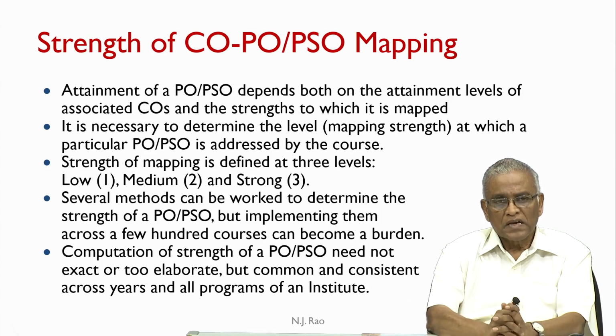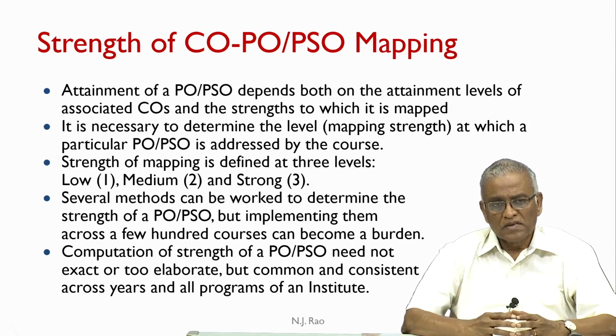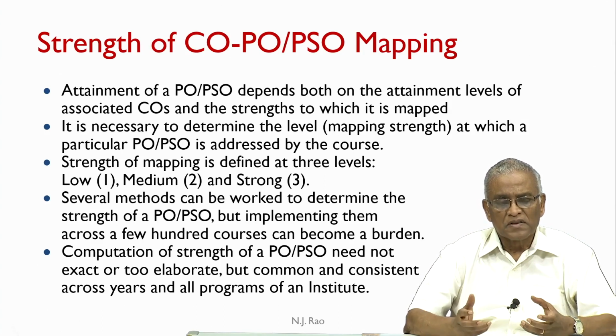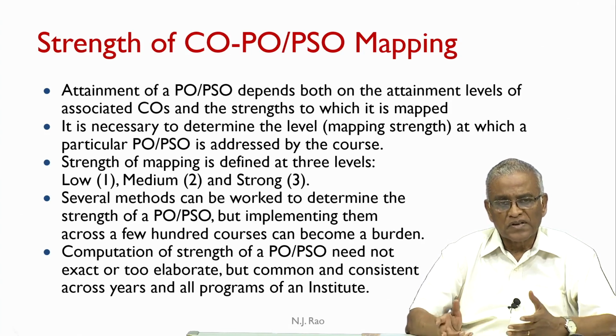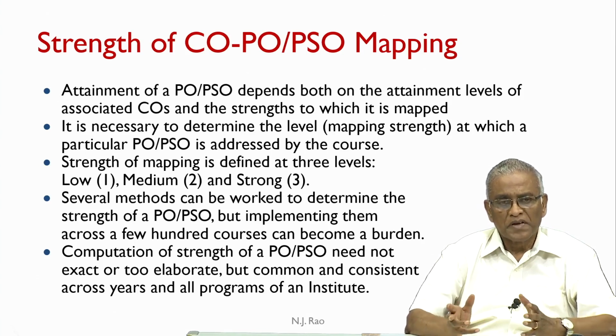It is not a fine mechanism, it is fairly gross. We only identify 3 levels: low, medium and strong. Or you can use the numbers 1, 2, 3. As we are computing all the time, we will use the numbers 1, 2, 3 rather than low, medium and strong.